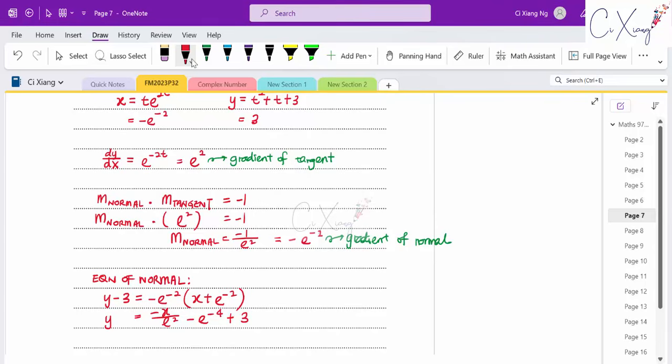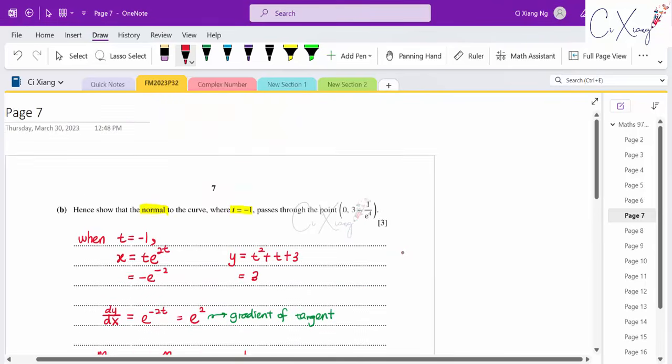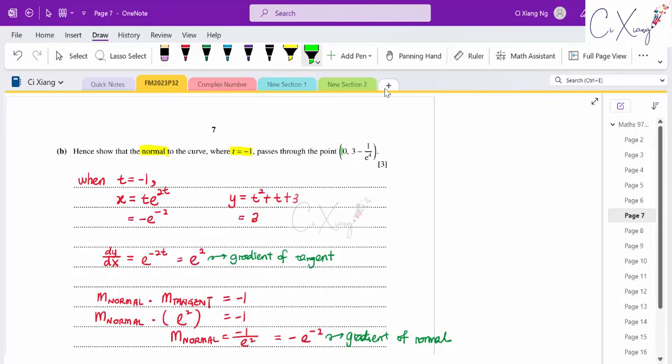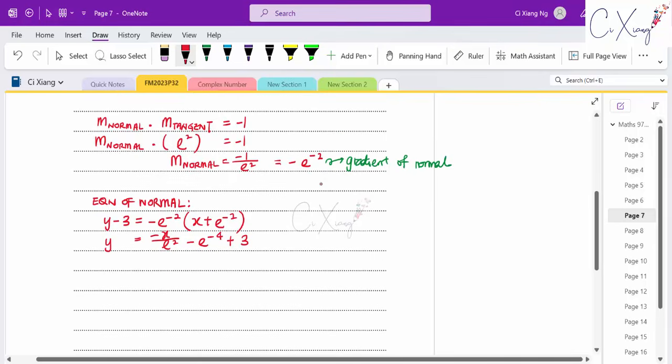Okay, then for this question, they're asking us to prove that the normal line will pass through this point. If you observe this point, you can see that the coordinate for x is equal to 0, and then this is the value for the y coordinate. So I'm going to substitute x equals 0 and find the coordinate for y.